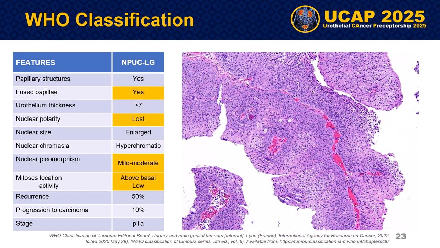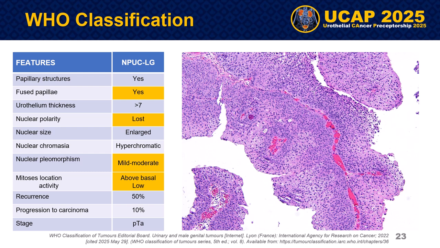Non-invasive papillary urothelial carcinoma, on the other hand, usually has fused papillae with a thickened neoplastic urothelium. The nuclear polarity is lost, and the nuclei are enlarged and pleomorphic. Mitotic activity is seen above the basal layer, but only very occasionally. About 10% of cases progress to carcinoma, and half of the cases tend to recur after treatment.